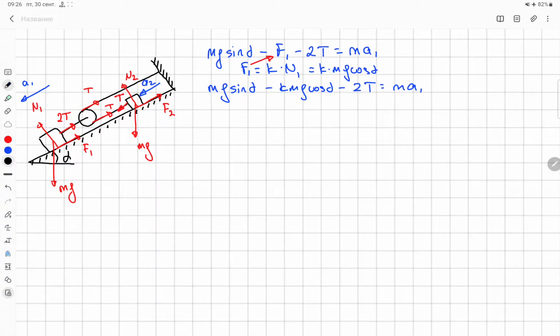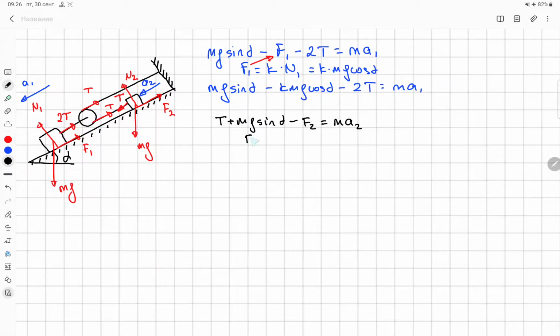Again, let's write Newton's second law for this object. Downward we have the tension. Also downward we have its gravitational force component mg sine alpha, and the friction force is trying to stop it. Mass times its own acceleration. Since we have a complex system, I'm assuming that they will have different accelerations. Then we need to find the relationship between these two accelerations.